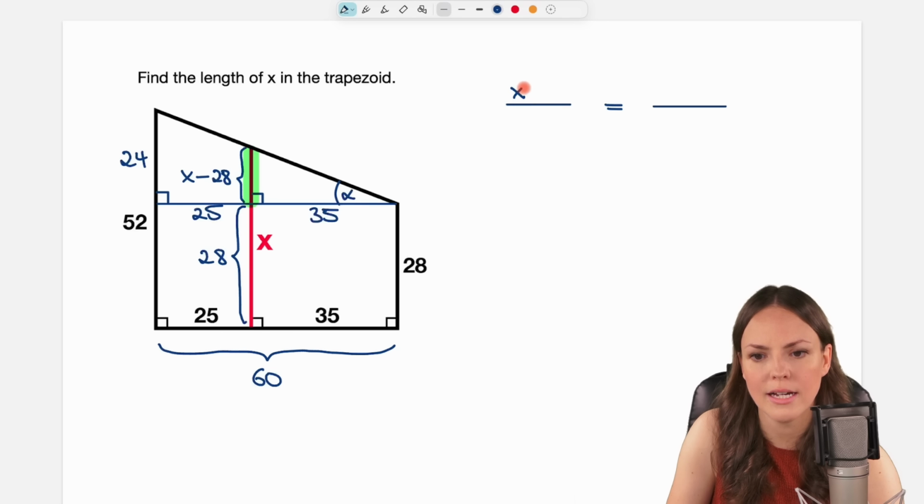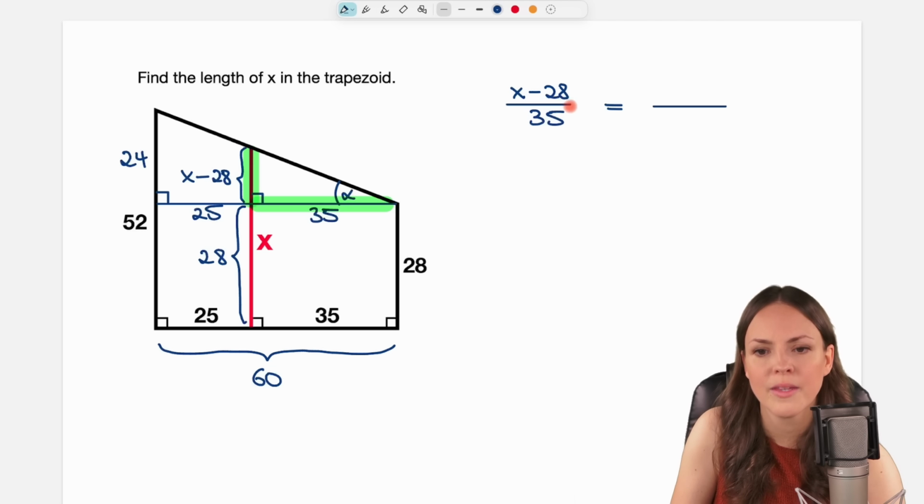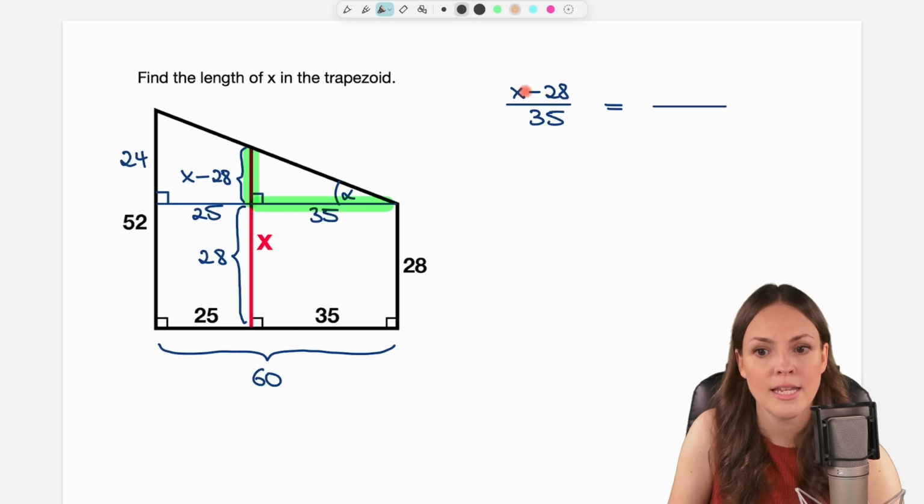I write it down here. And now I divide this by the length of another side. Let's take the 35 here in our small triangle. So we write down the 35 here. And now it's important that we take the corresponding sides. So here we had the x minus 28, so we had this part here.